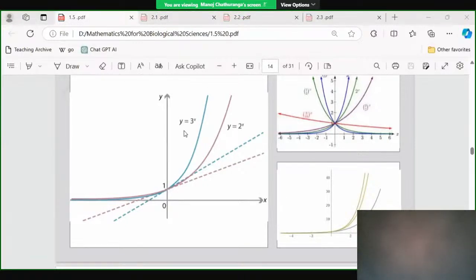Right. So if you have a very small ant on this point (0, 1), you see all these exponential functions go through you. Based on the graphs, you can see which base is bigger, which base is smaller.